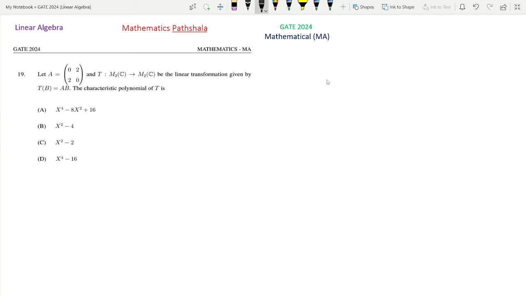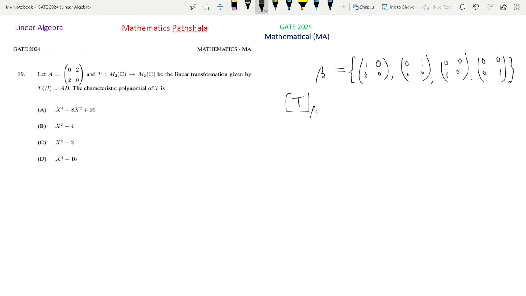So we know that the standard basis of M2(C) is this: 1 0 0 0, 0 1 0 0, 0 0 1 0, 0 0 0 1. So this is easy work to find the matrix of T with respect to this standard basis.